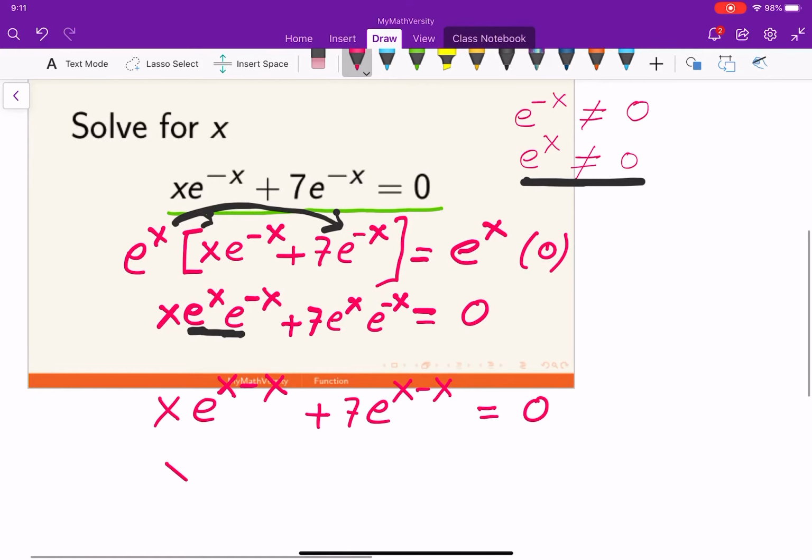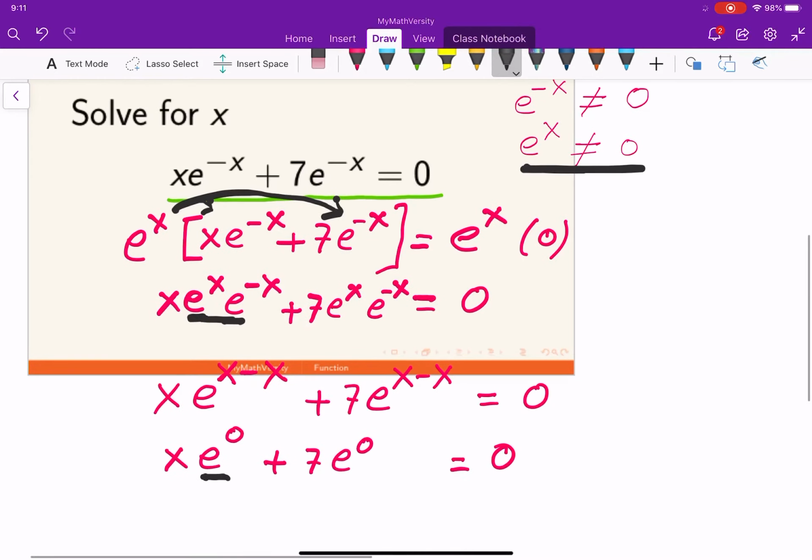It turns out that we have x times e to the power x minus x, which is e to the power 0, plus 7 times e to the power 0, equal to 0 on the right hand side. And what is e to the power 0? That is equal to 1. So we have x times 1, which is just x, plus 7 times 1, which is 7. This is equal to 0.